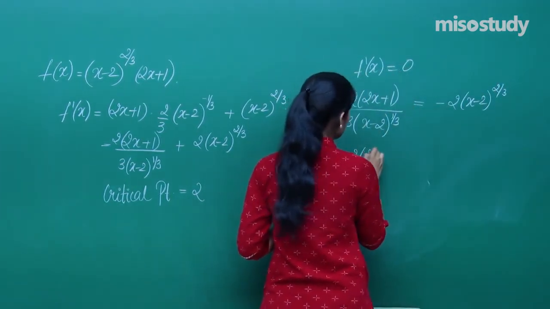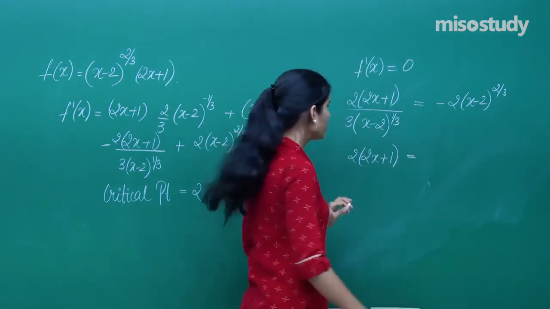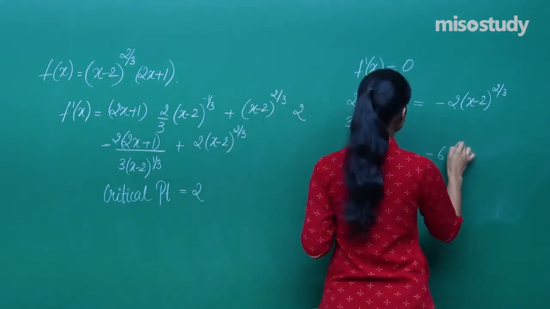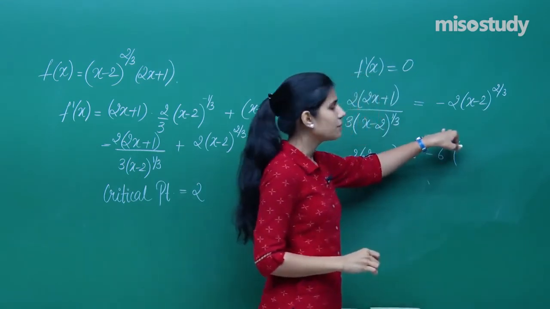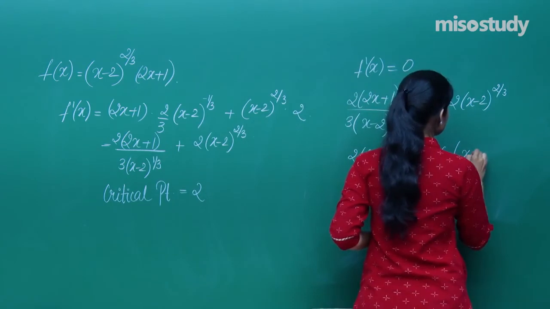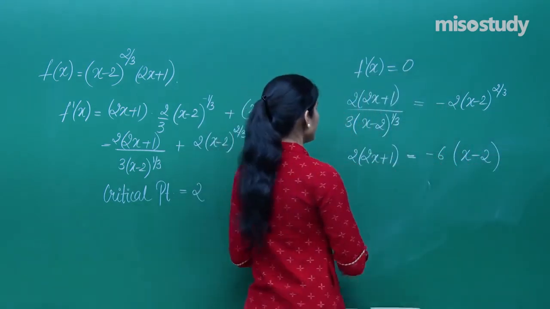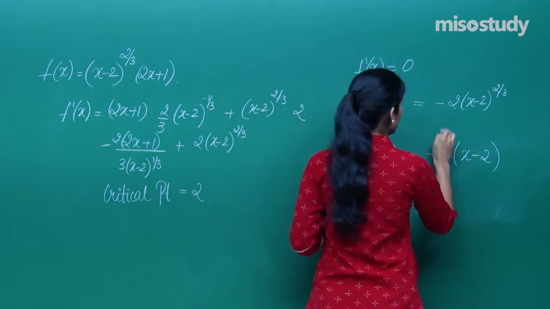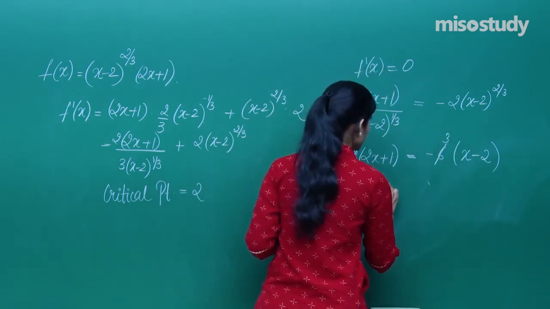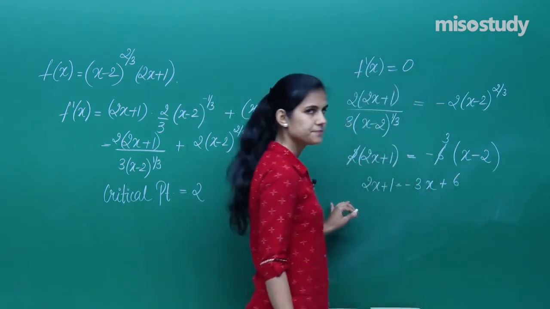This becomes twice of (2x plus 1) is equal to minus 6 times (x minus 2) to the power 2 by 3 plus 1 by 3, that is 3 by 3, that is 1. Now this is what you get: 2x plus 1 equals minus 3x plus 6.